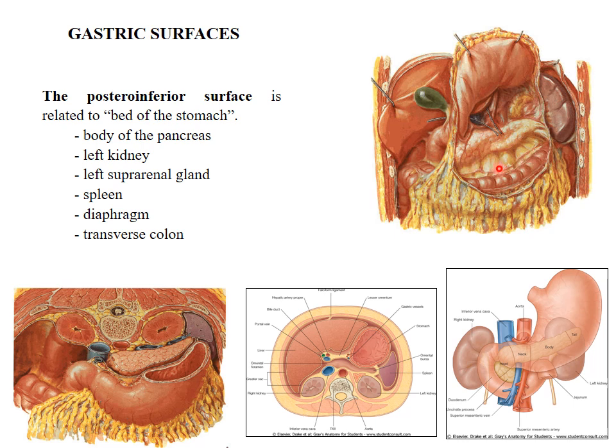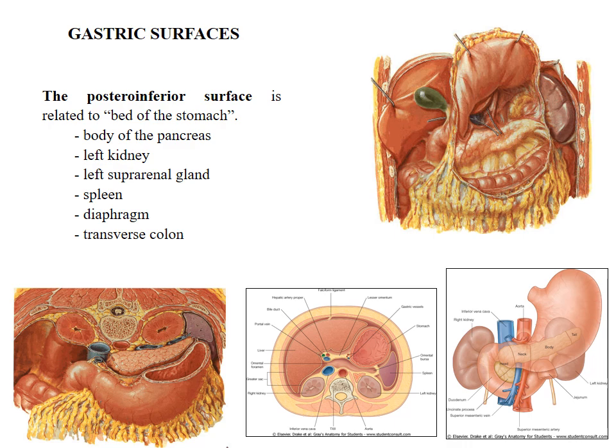These structures form the bed of the stomach. Between these structures, which are covered by the parietal peritoneum, and the posterior inferior surface of the stomach, which is covered by the visceral peritoneum, is the omental bursa.